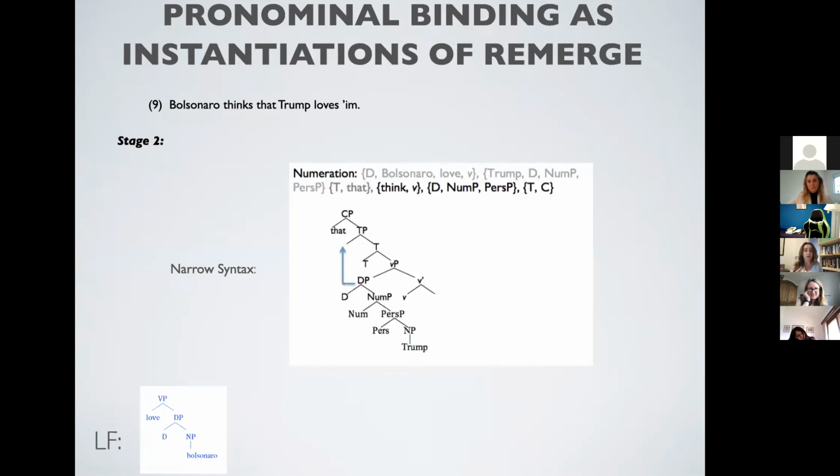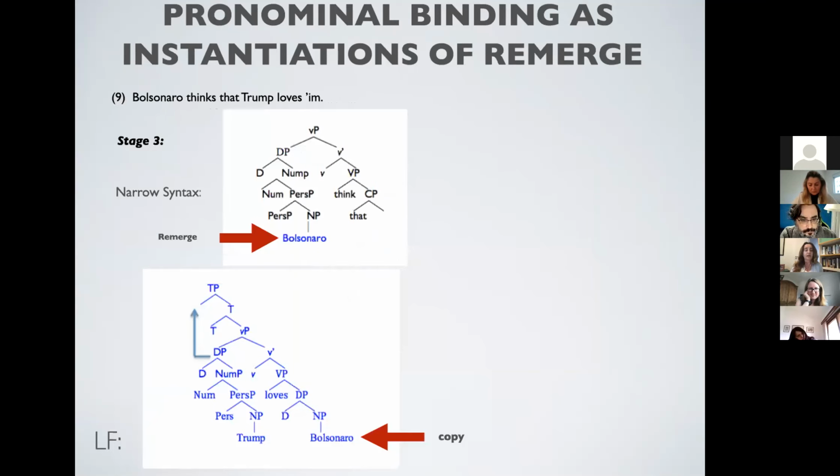When you reach the VP phase, you send its complement to LF, the whole VP to LF, as done here. And then when you build the subject of the matrix clause, you copy from LF the N Bolsonaro and remerge it into the derivation as done here.